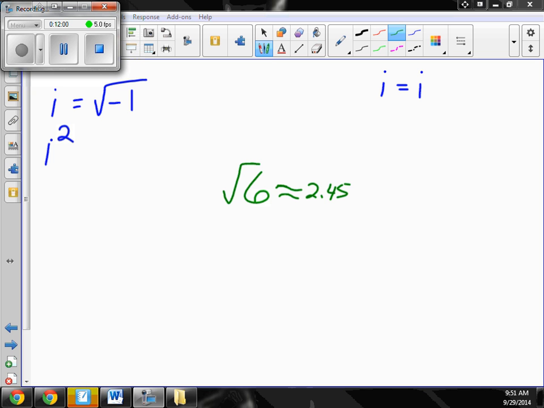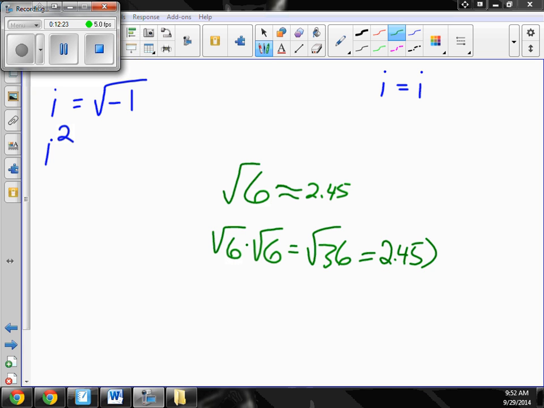Let's look at an example with the square root of 6. The square root of 6 is about 2.45, and 2.45 times 2.45 is 6.